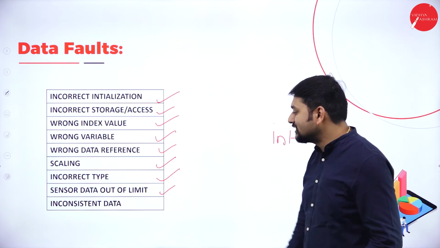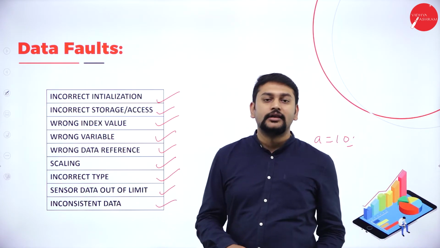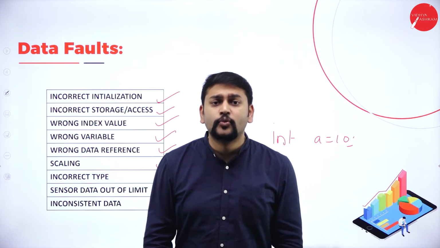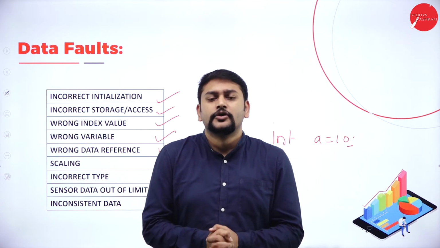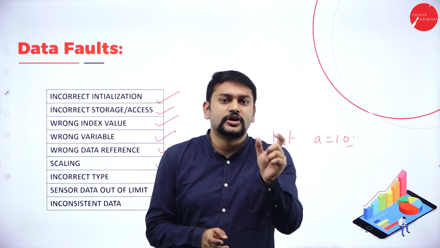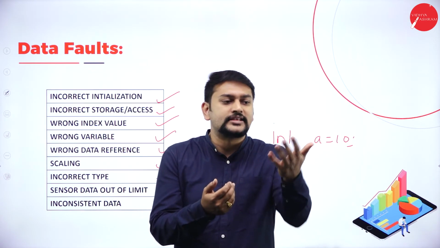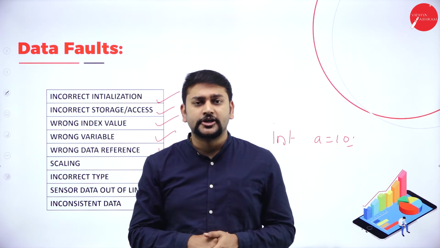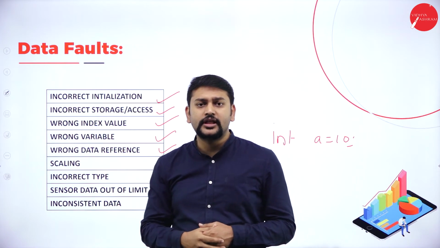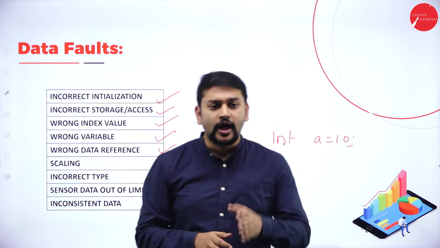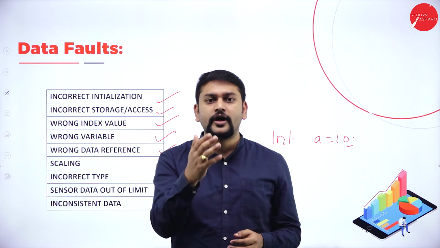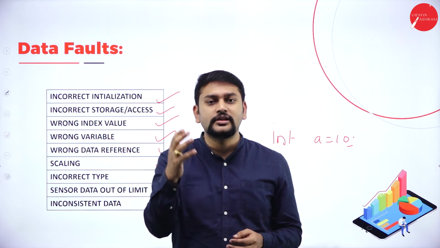And the last one is inconsistent data. Say for example, I'll ask you the date of birth. Most of you will tell me the date of birth in terms of numbers. I'll ask Abhishek, you tell me your date of birth, and he will say 21 years old. I'll ask the next person, he will say 05 05 1991.